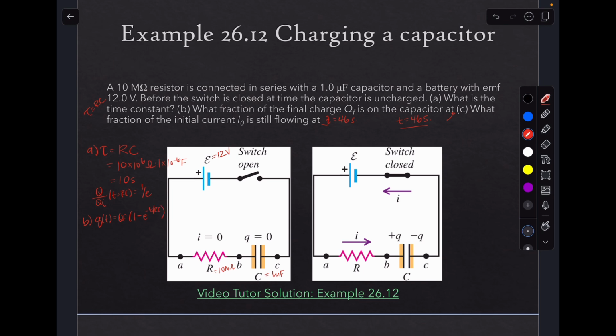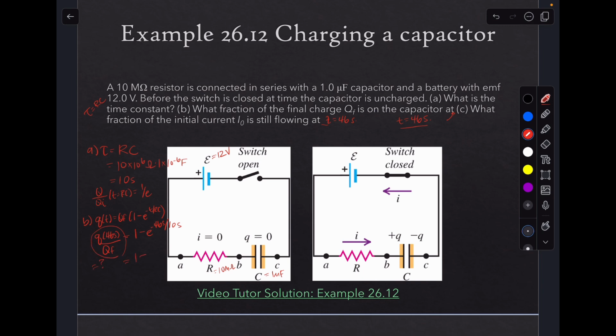So what we want to know is what fraction of the final charge it is at t equals 46 seconds. So we're going to put 46 seconds for t. RC is 10, we just figured that out, and we're going to figure out what this fraction is.